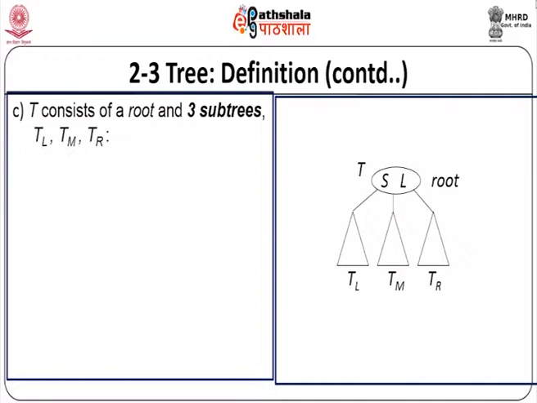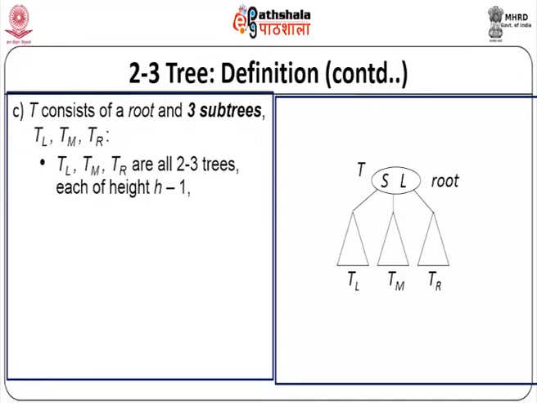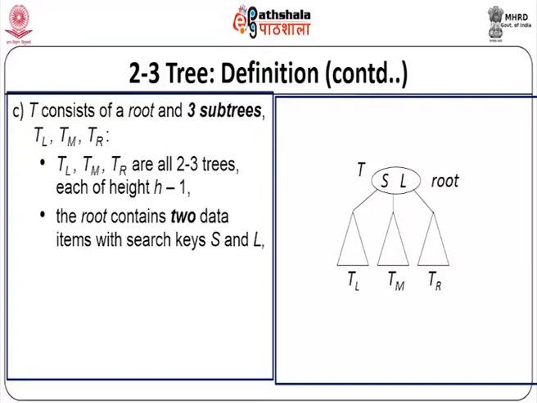So, there are 3 subtrees, and it is a 2-3 tree. TL, TM and TR are all 2-3 trees themselves, each of height h minus 1, all of the same height.